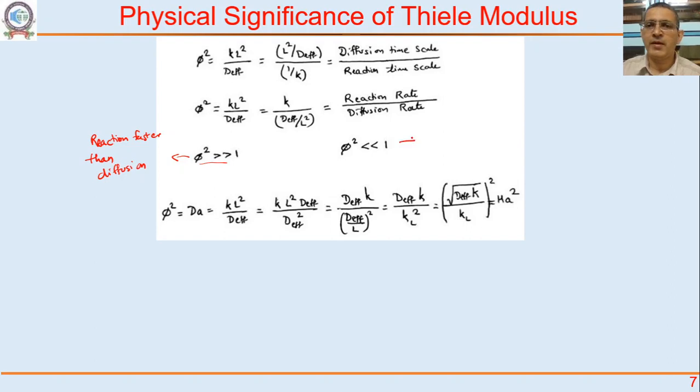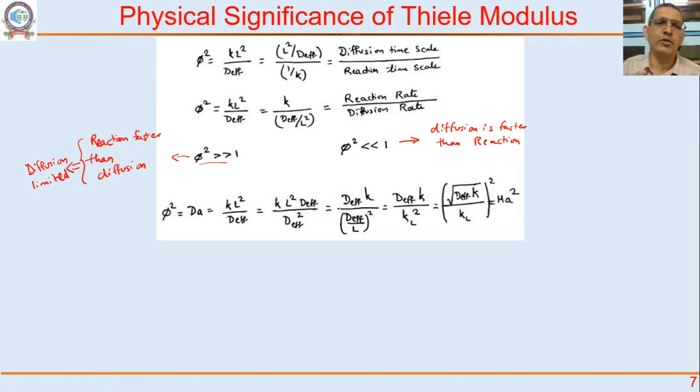In this case, phi square far less than 1, diffusion is faster than reaction. So in the condition where reaction is faster than diffusion, it is diffusion limited. Remember, diffusion and reaction are happening simultaneously.